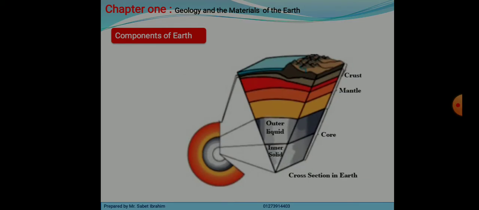As we see here, the structure of the Earth, or the components of the Earth, from the inner solid core, the outer liquid core of molten iron and nickel, then the mantle, the solid part and the molten part with the asthenosphere, then the crust, which is continental crust and oceanic crust.